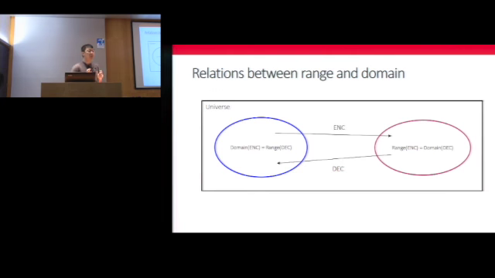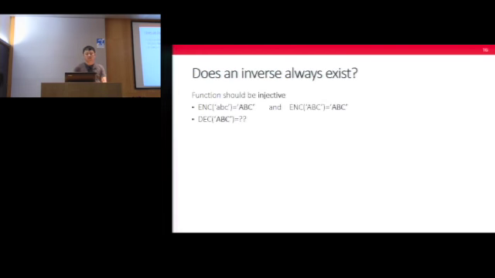Only if both directions hold do the domain and the range of the encoder and decoder have the relationship shown in this diagram. In particular, the domain of the encoder should be equivalent to the range of the decoder and vice versa. Then the second question: when can we invert a program? First of all, the program should be injective.